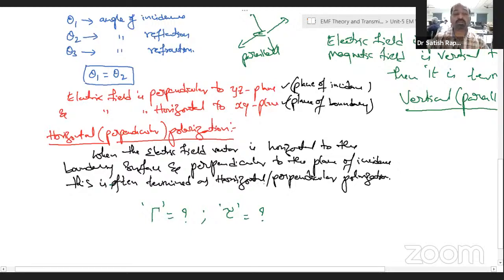Case one, horizontal polarization, and case two, vertical polarization. So in horizontal polarization, we will derive expression for both the reflection coefficient and transmission coefficient, and similarly for vertical polarization also. That is what we are going to discuss, and that we will see in the next class.